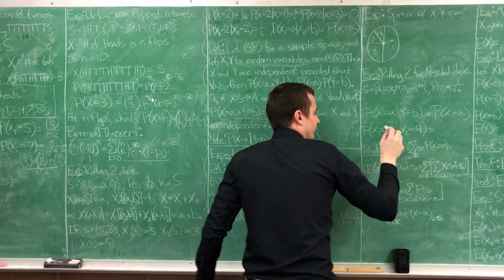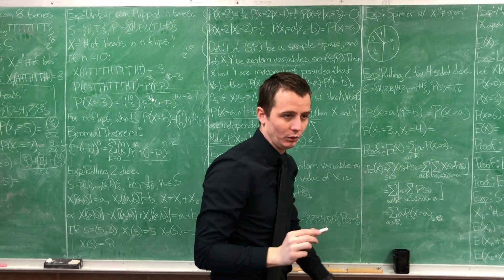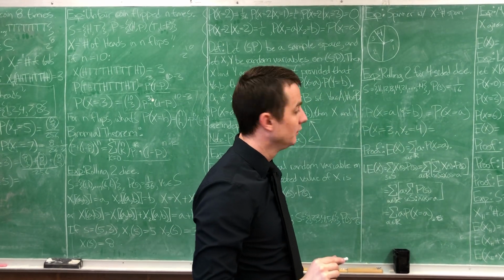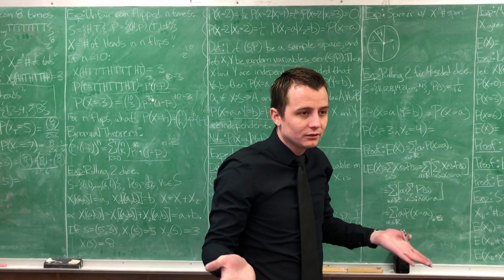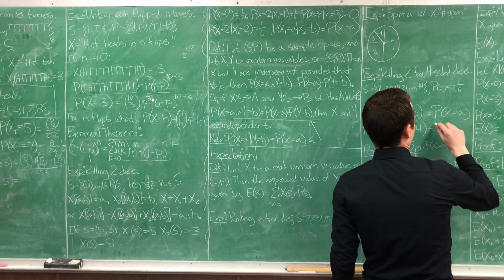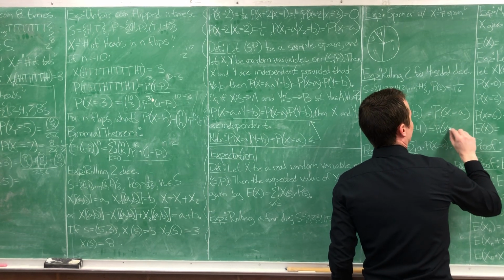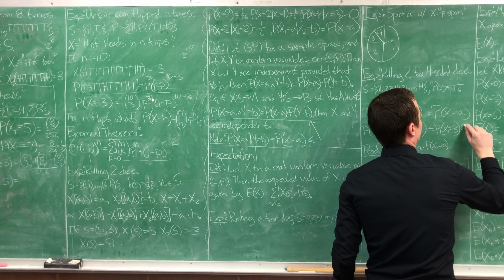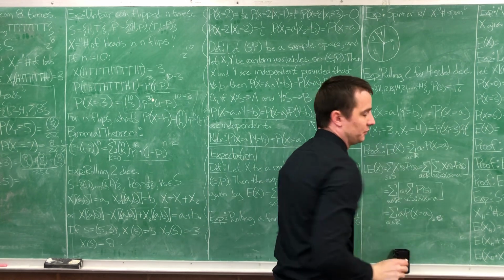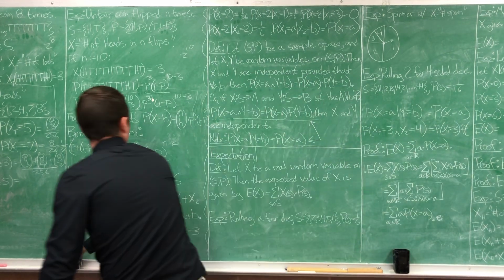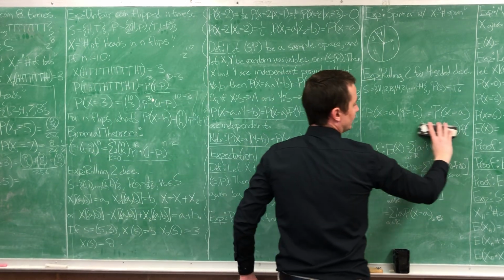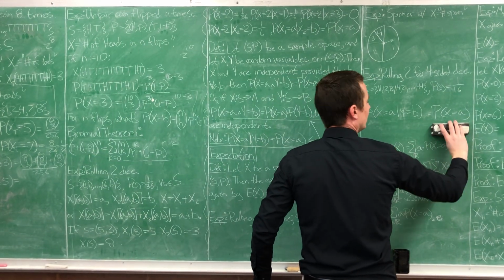What is the probability that my first die is equal to 3 and my second die is equal to 4? Well, just answer the question. 1/36. Which is the same thing as the probability that X1 is equal to 3 times the probability that X2 is equal to 4: 1/6 times 1/6. So that's using independence a different way. Or it's the same example. Make sense?